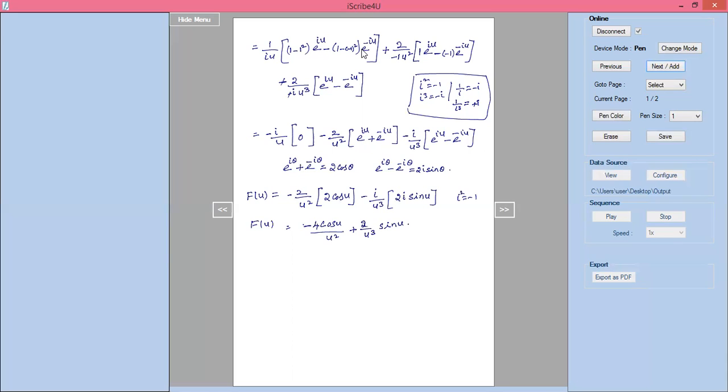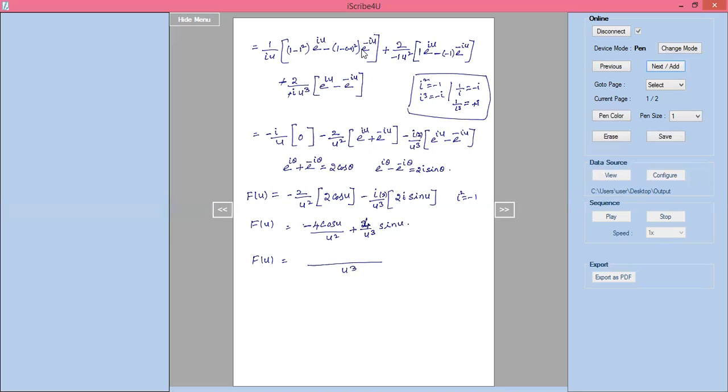If you take the LCM, which is u cube, I missed out this 2 while writing here. So 2 by u cube is there, so again I'll write 2 here. This one should be 2 into 2, which is 4.